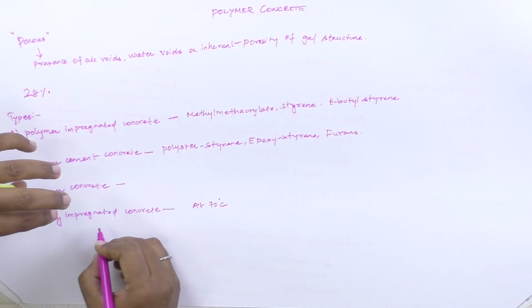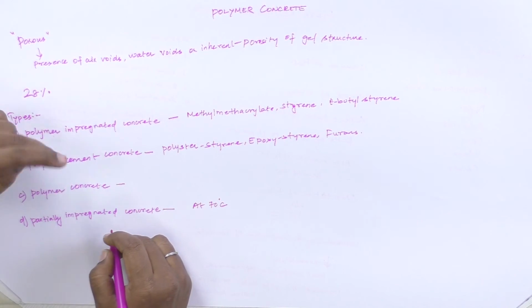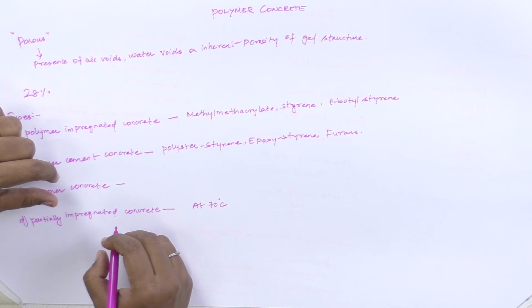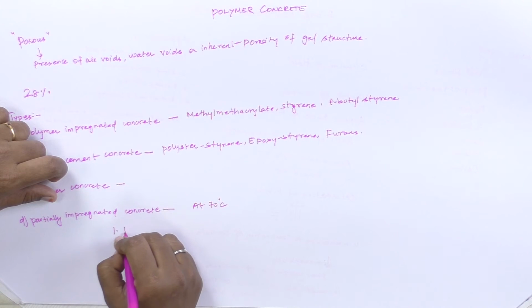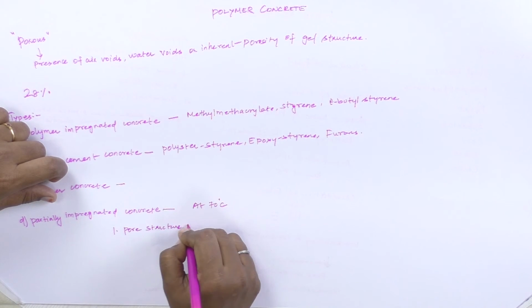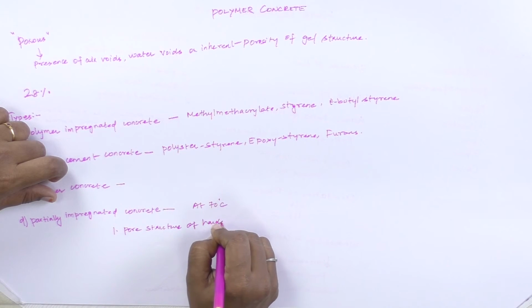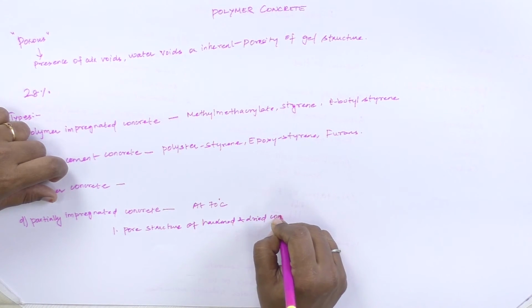The depth of monomer penetration depends upon the following factors. First is the pore structure of hardened and dried concrete.